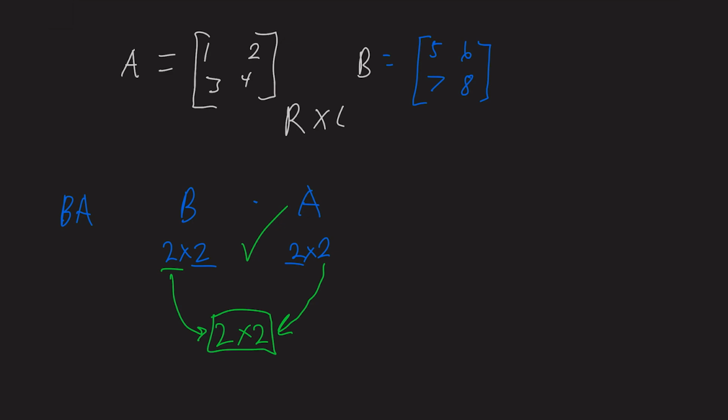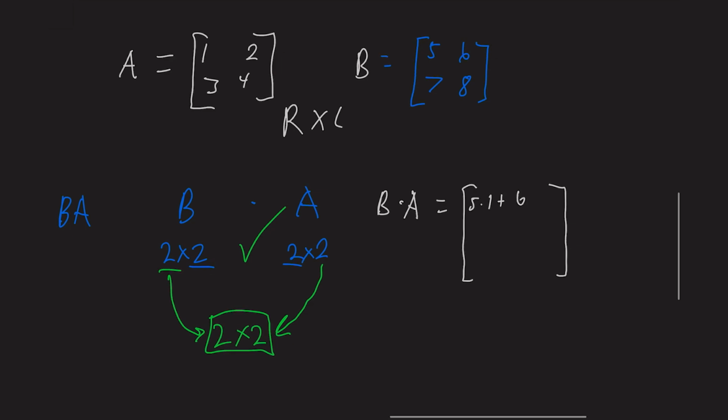Remember, row times column. We're going to be multiplying the rows of B times the columns of A. Let's demonstrate that. B times A is going to be a 2 by 2 matrix, so we're going to draw that out right here. The first location in the 2 by 2 matrix is going to be row 1 of B times column 1 of A, which is 5 times 1 plus 6 times 3.